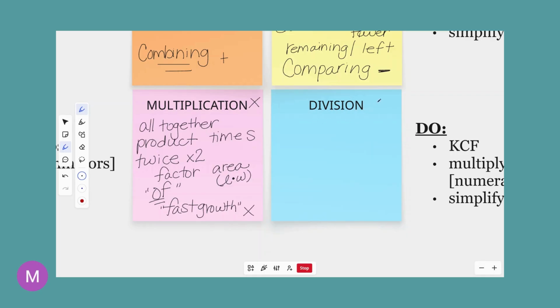And last, division. So for division, if you hear quotient, it's the answer to a division problem. So quotient would be signaling that you need to divide.